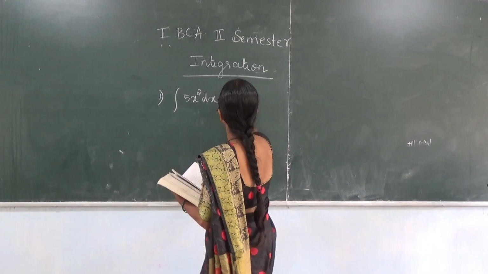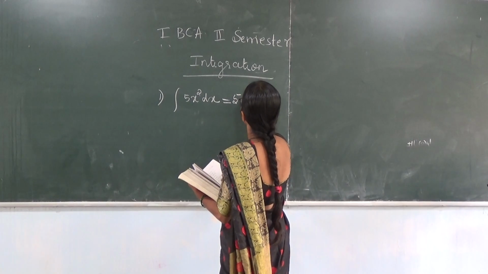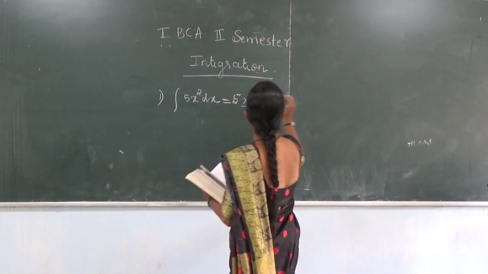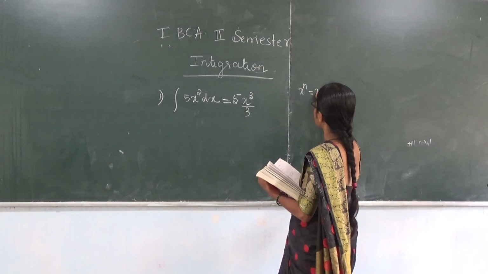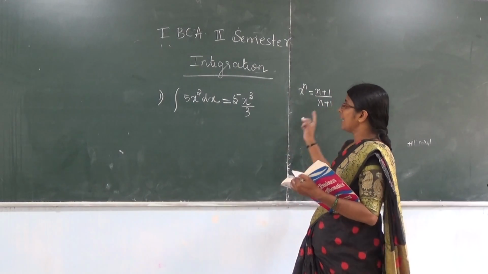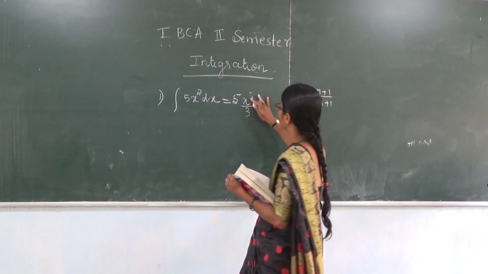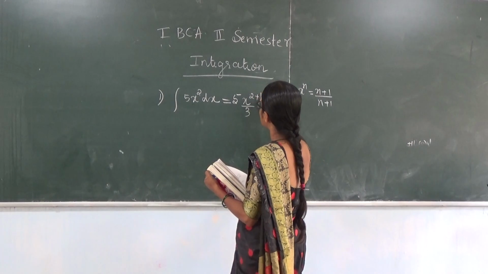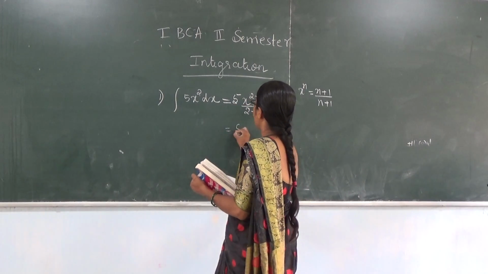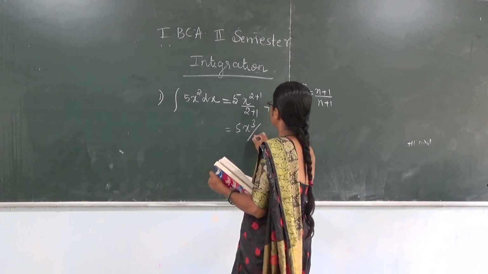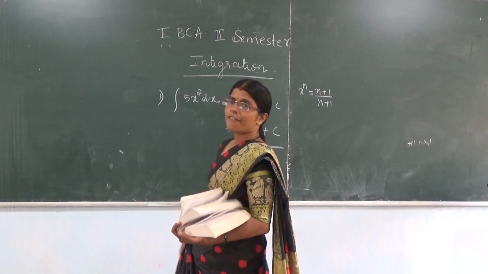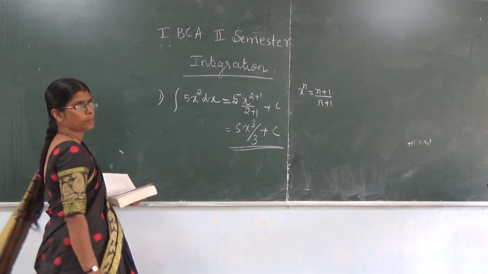That is equal to 5 into x cube by 3. For x to the power n, it is x to the power n plus 1 divided by n plus 1. So in the place of n you have 2, so x to the power 2 plus 1 divided by 2 plus 1, plus c. So that is 5x cube by 3 plus c. That is the integral of 5x square with respect to x.